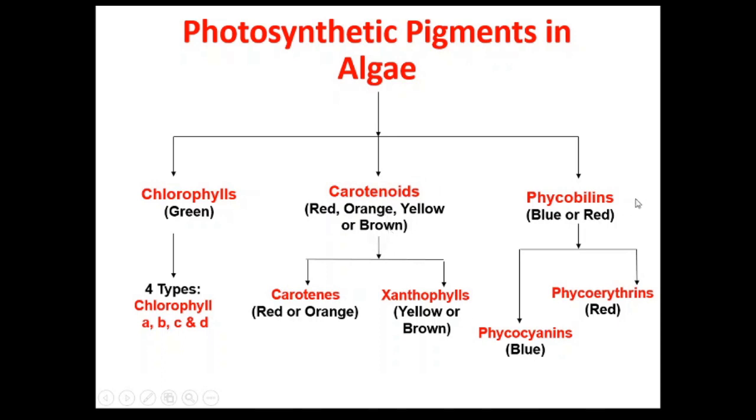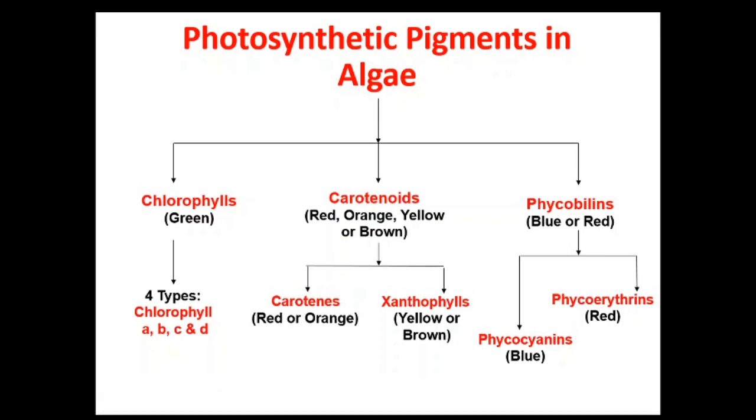The next class of the accessory pigments is the phycobilins, which are either blue or red pigments. In the phycobilins we have two groups. First is the phycocyanins, which are mainly blue pigments, and the other is phycoerythrins, which are mainly the red pigments. So these are the three main groups of the photosynthetic pigments in algae.